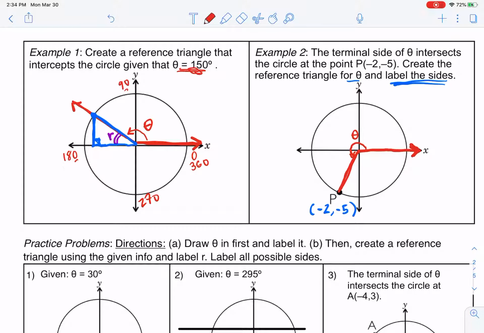To sketch that reference triangle, first of all, I need to realize that the reference angle is the angle formed here, the acute angle formed by that terminal ray and the x-axis.